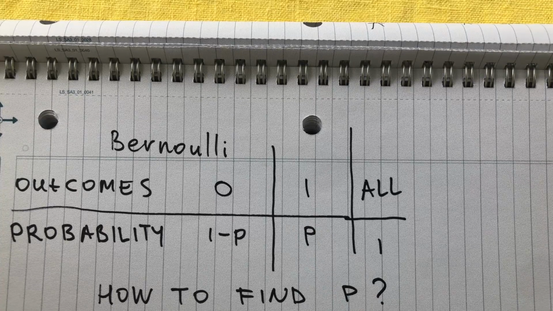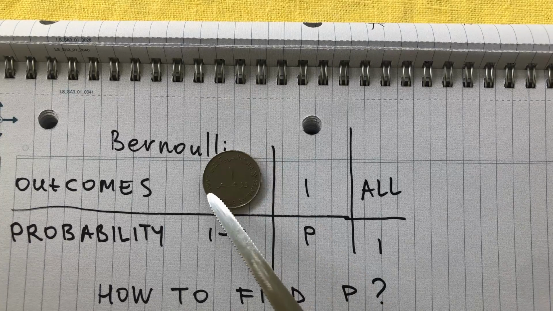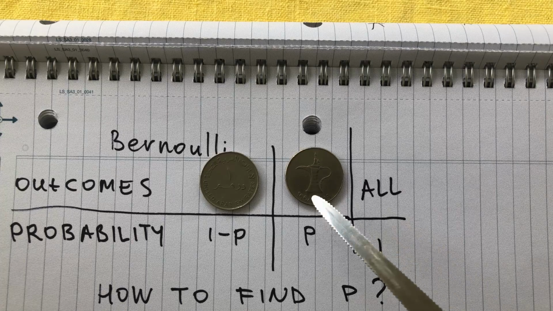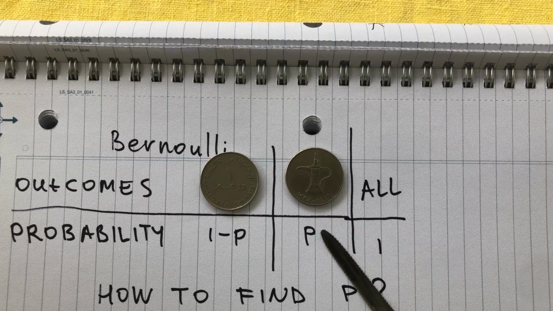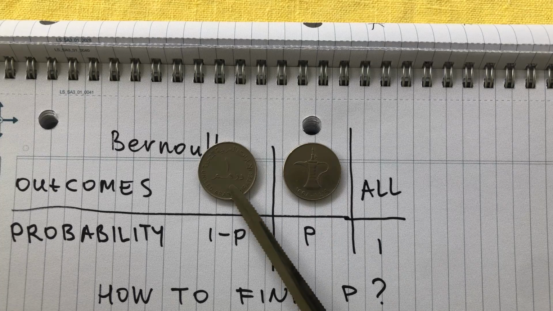In some cases, it's very easy. For instance, if we're dealing with a fair coin, it's very reasonable to assume that p is going to be 50%. So 50% chance of encountering heads, 50% chance of encountering tails.